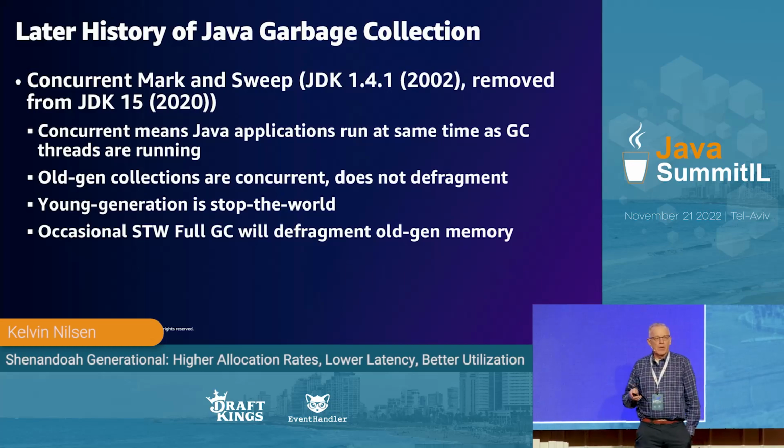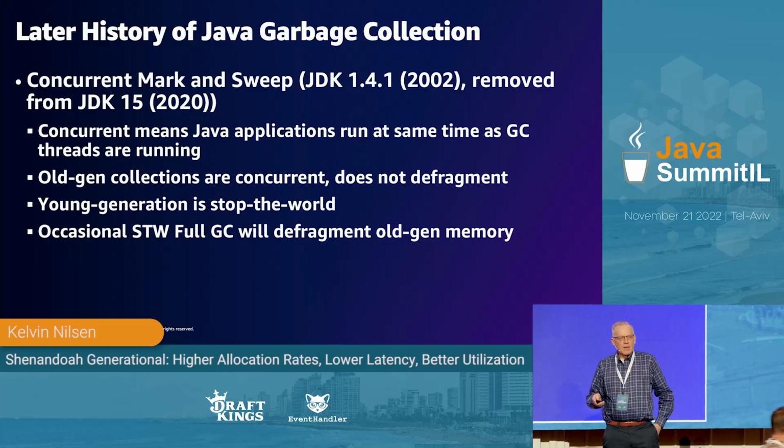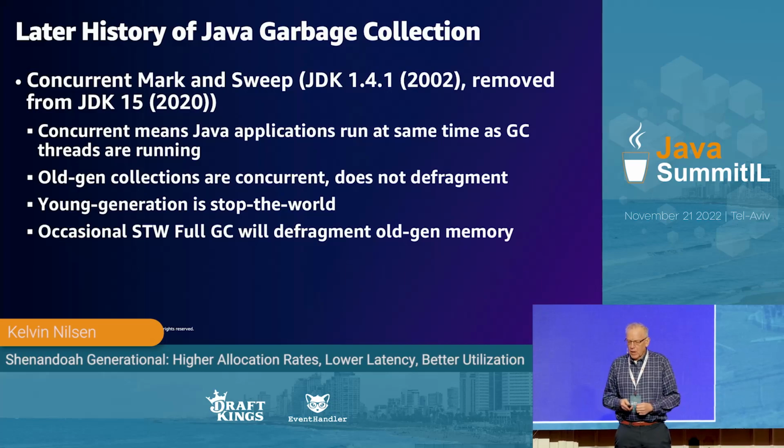The concurrent mark and sweep is also generational. The older generation, that's the data that's been around for the longer period of time, is the largest percentage of live data. So that's what we do concurrent marking on, because it takes a long time to concurrently mark large amounts of live data, and your application can continue to run while that's happening.